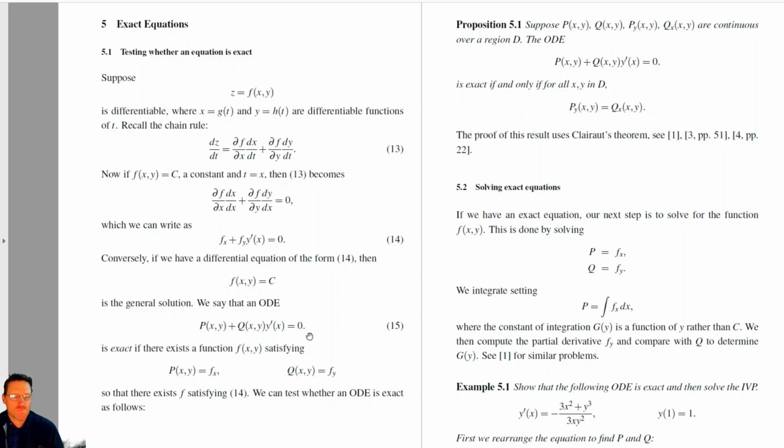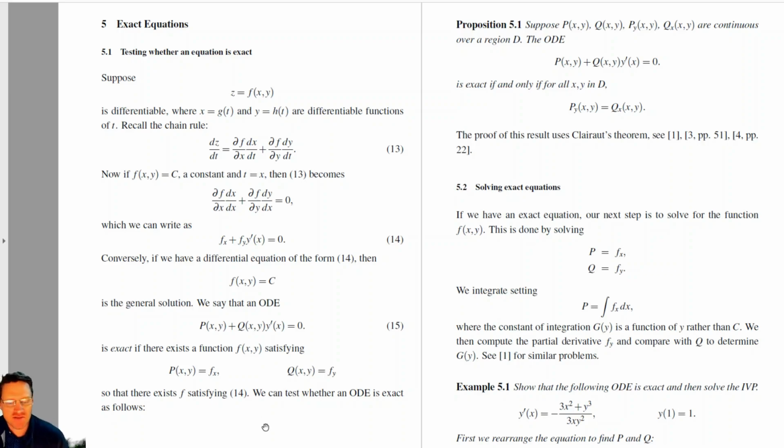This is exact if there exists a function f such that p of xy is equal to f subscript x and q of xy is equal to f subscript y. So equation 15 matches equation 14. And if that's the case, then we can get the function f that we're looking for, which solves the differential equation, by integrating, essentially. But more about that soon.